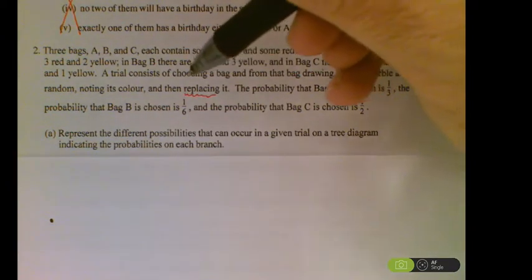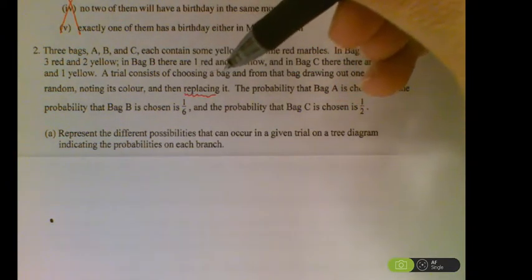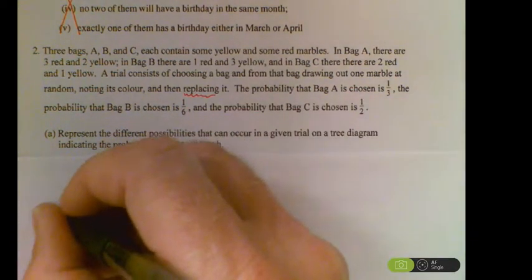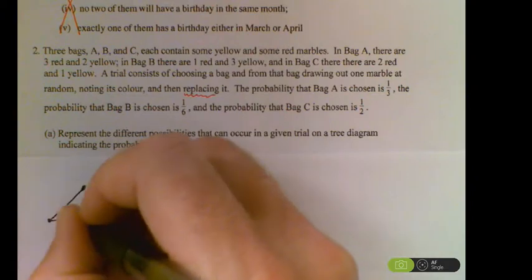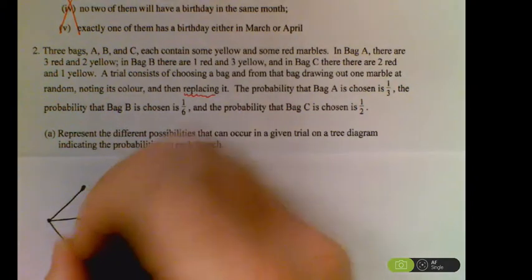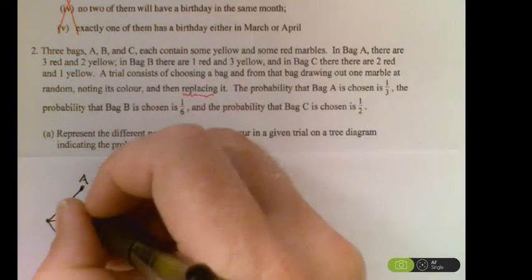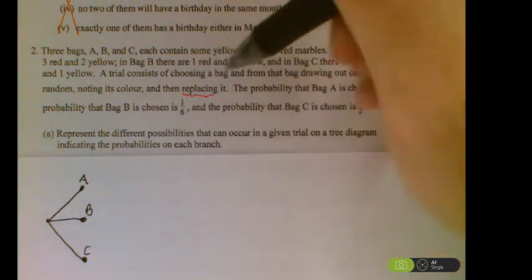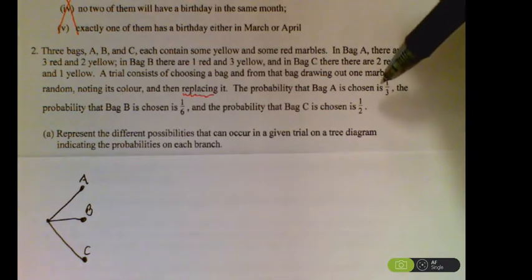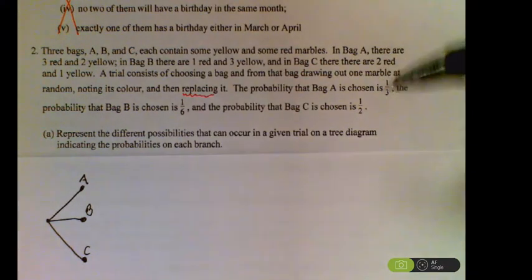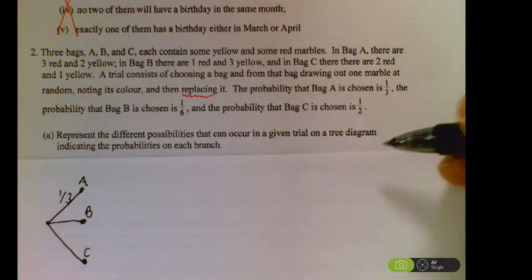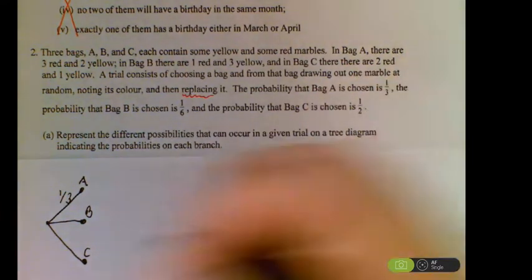But because of this statement that we're actually choosing a bag first, that makes it the first event. So it could be bag A or B or C. We first got to choose a bag, and it would probably be 1 out of 3 for each case, but they give us some other probabilities down here. They're saying that A is a third, then that bag B is 1/6 and C is 1/2.